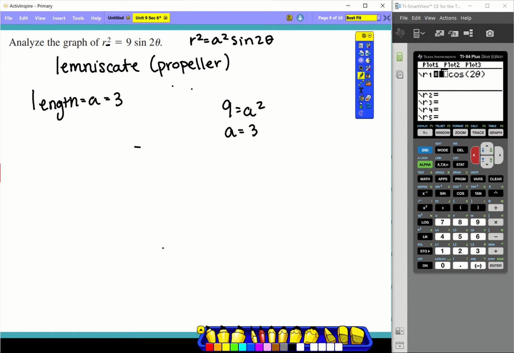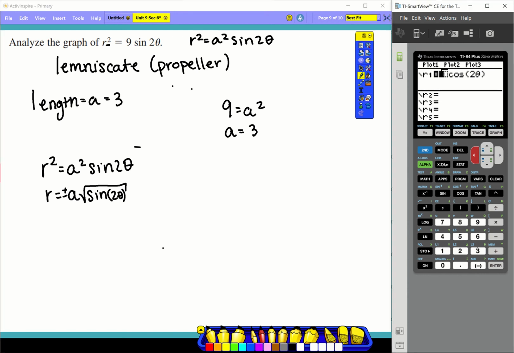A squared sine 2 theta. So if I took the square root of that, that would give me plus or minus A root sine 2 theta. So let's see what that looks like. A is 3, so we'll go with 3 root sine 2 theta. And I'm going to delete this, delete this, delete this, and we'll see what this graph looks like.